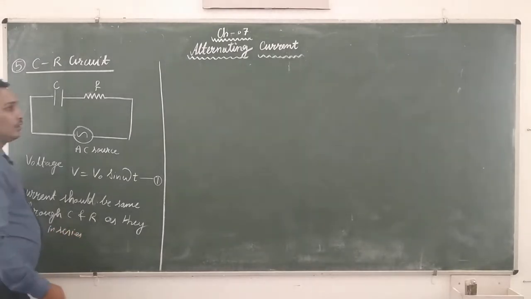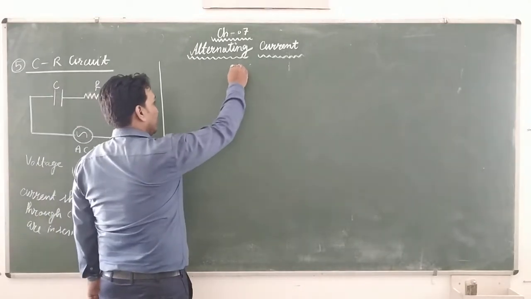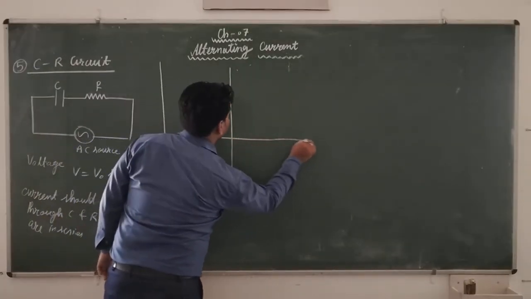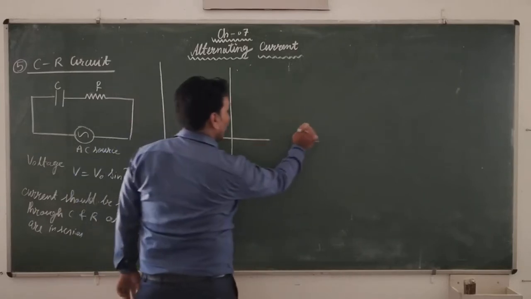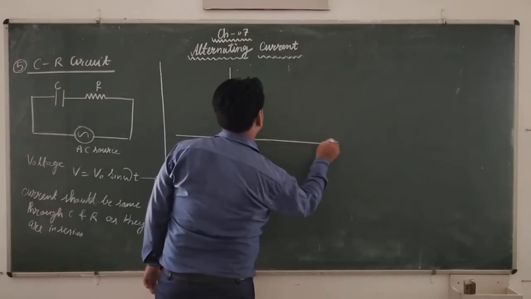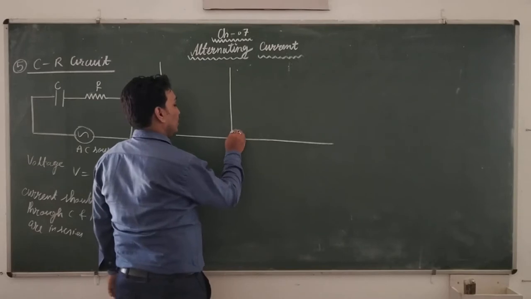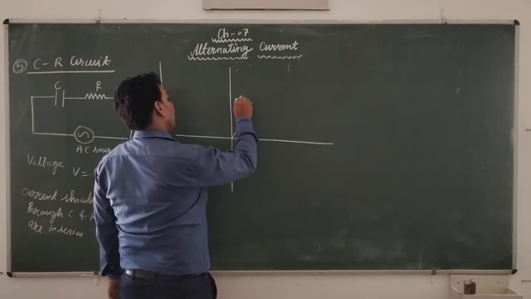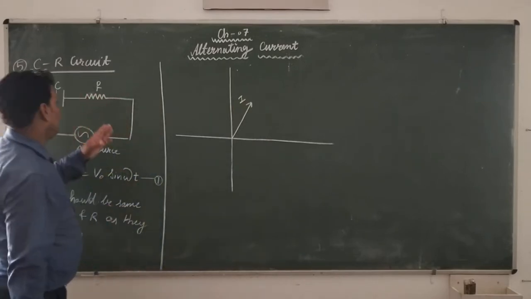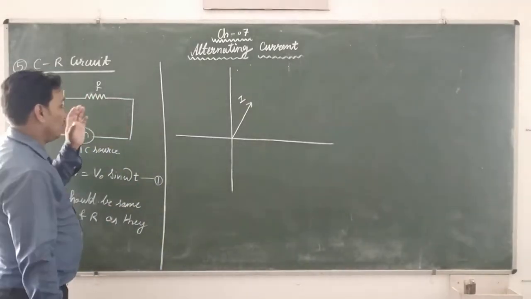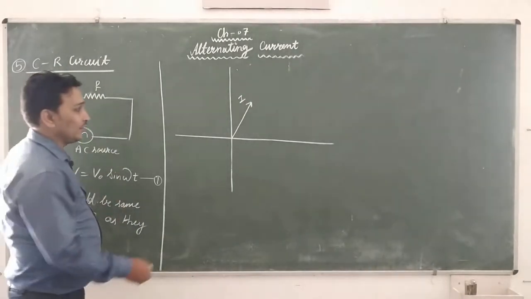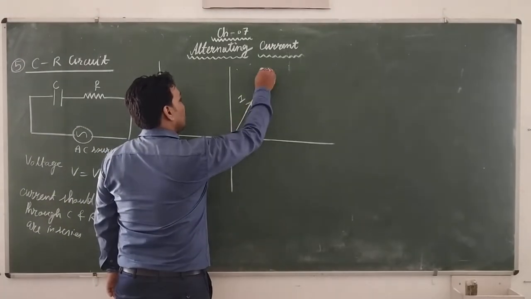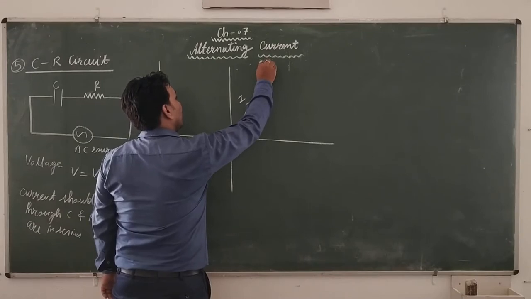If they are in series and the current remains the same, let us try to understand the whole thing with the help of a phasor diagram. The current remains the same, so let us draw the phasor of current first of all. So this is your current I. For the resistor, again, the voltage across the resistor is in the same phase with the current, so VR should be in this direction only.